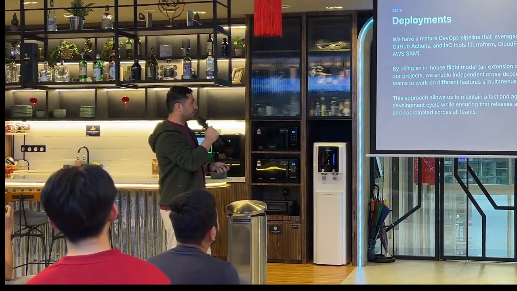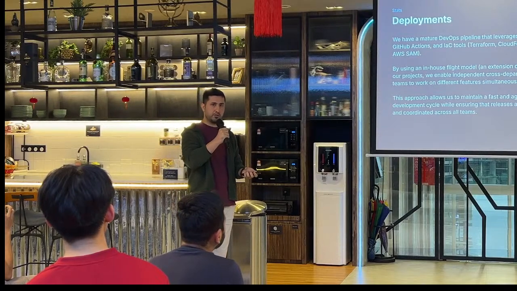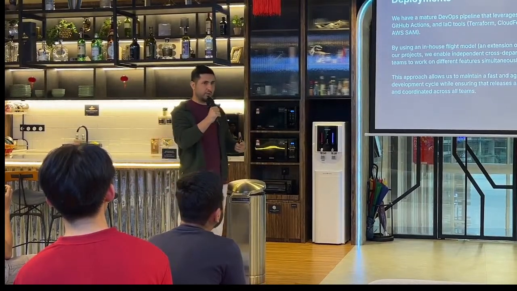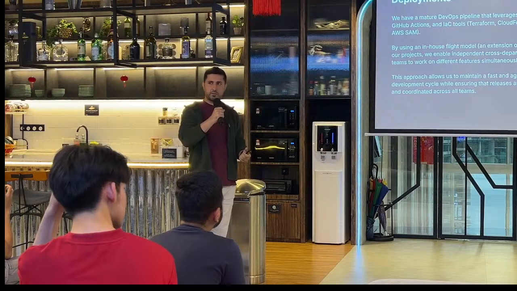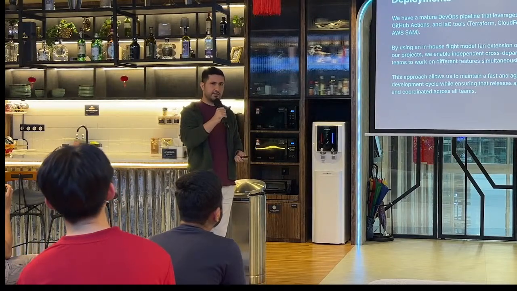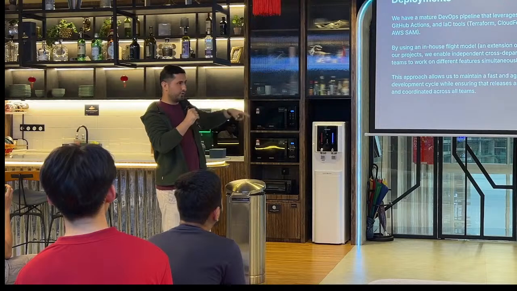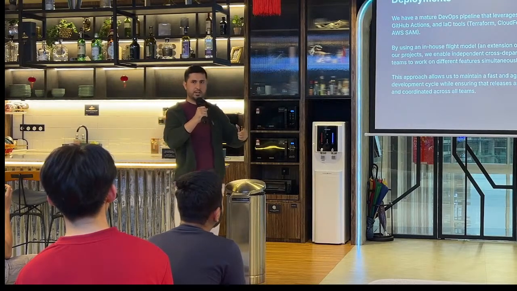Deployment. So we have our own in-house model of how we develop projects and how we deploy them. We call them flights. It's basically a group of teams or people who come together, and that's a flight team. It's not really Scrum, which we were using before, but this model really allows us to develop the features independently of each other and deploy them continuously.